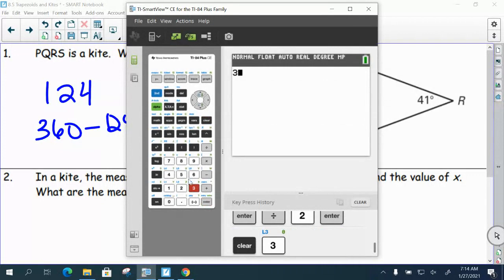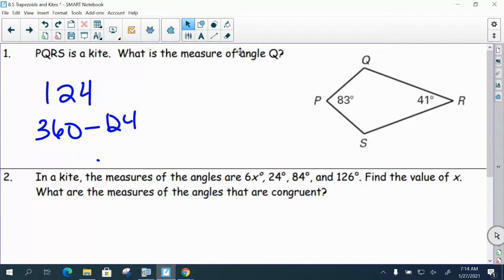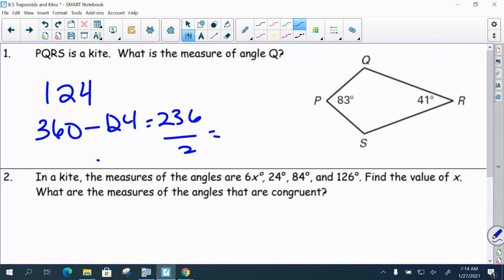Well, it's never too early to do mental math, but 236. Okay, so then I'm going to take 236 and divide it by 2. So then we would get 118 degrees for Q and S.